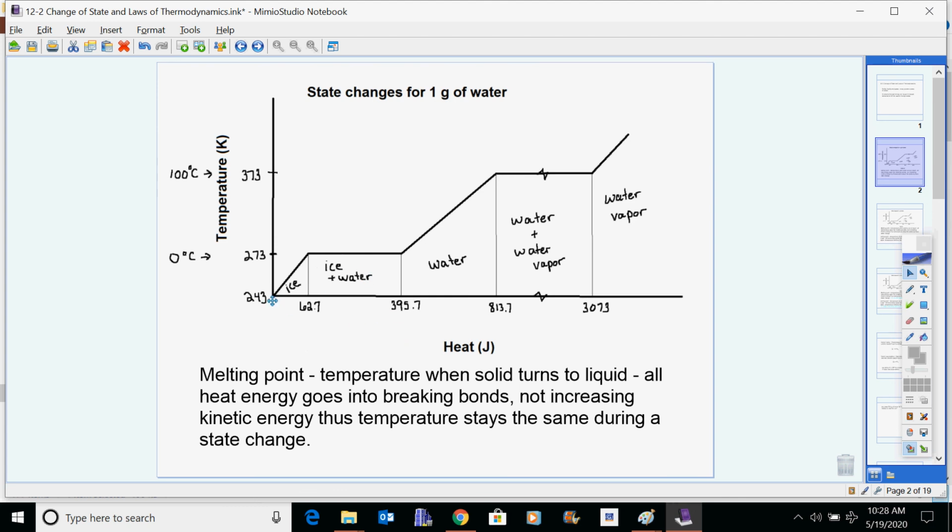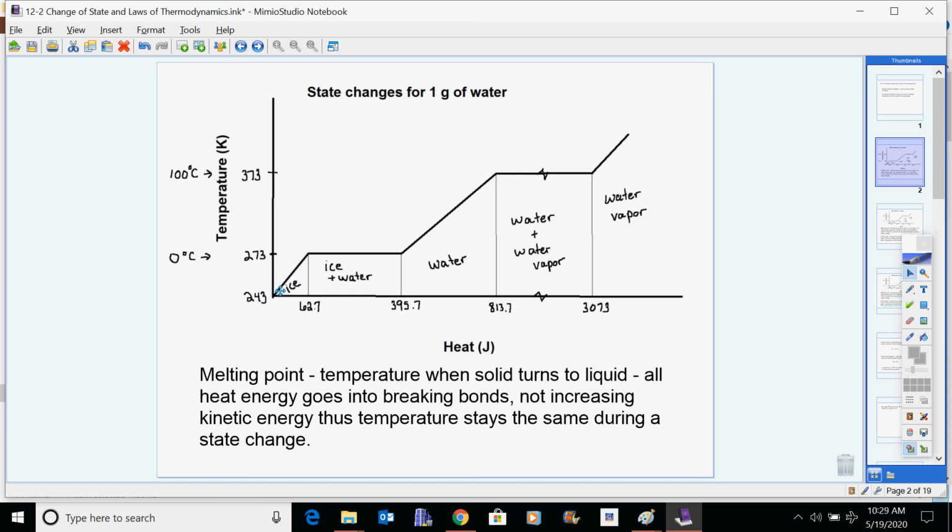If you have ice and you start adding heat energy, and the ice is cold ice, you can have colder ice and you can have warmer ice. If you set your freezer at different temperatures, you can make colder ice, and if you set it a little higher, your ice isn't quite as cold. So you have different temperatures of ice, but you start adding heat energy to the ice.